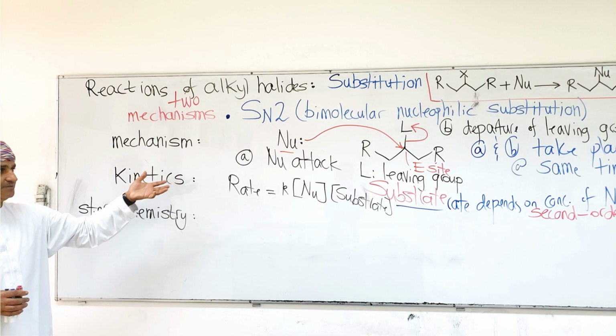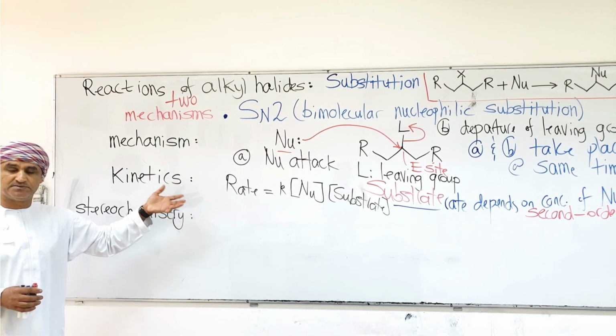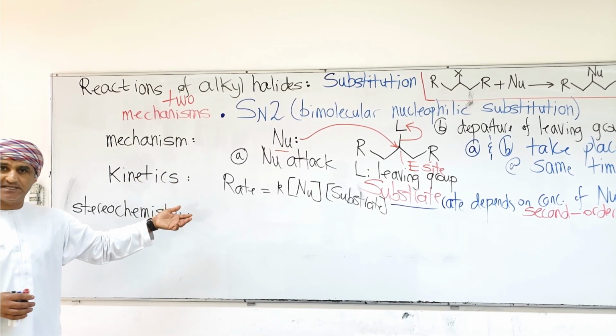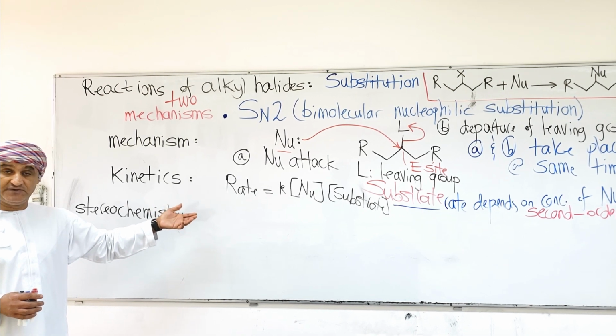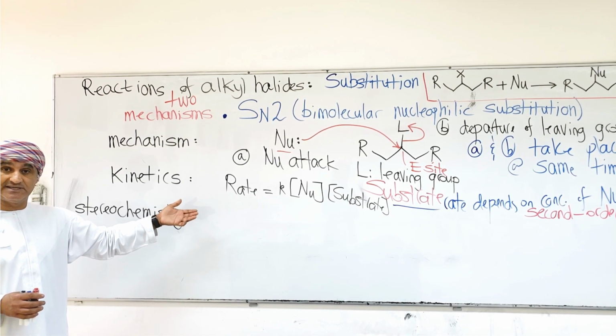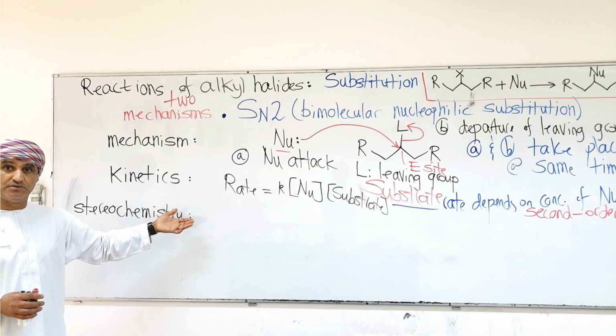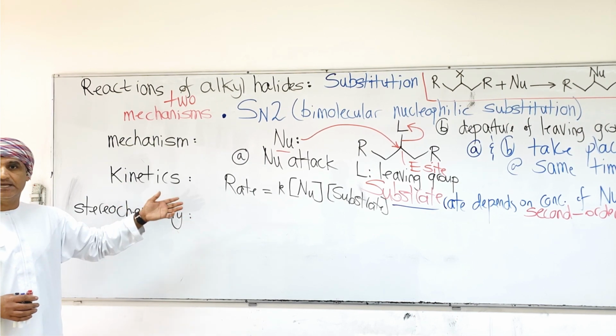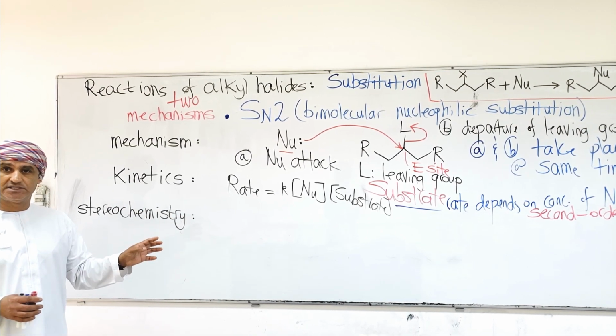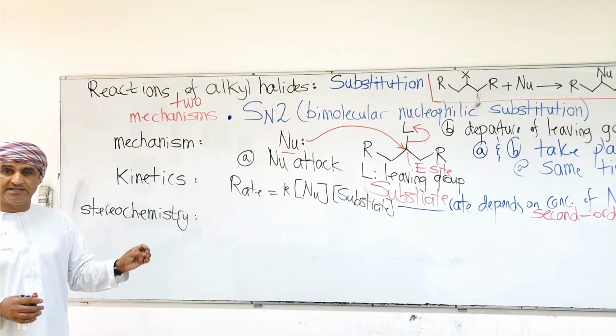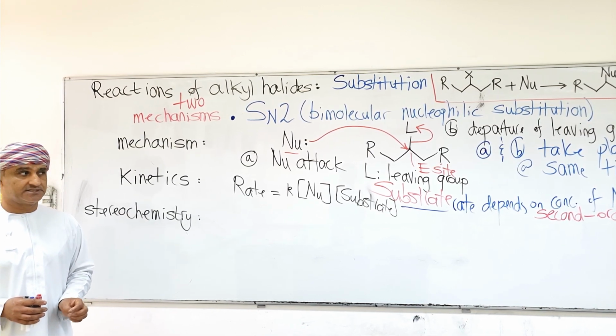Because the nucleophilic attack and the departure of the leaving group take place at the same time in the SN2 mechanism, the kinetics is second order: the reaction rate depends on the concentrations of both reactants.